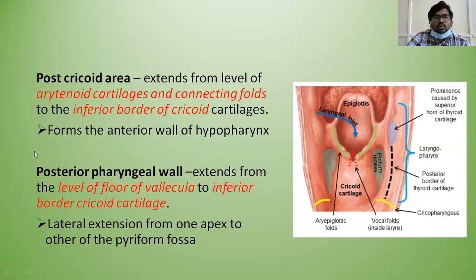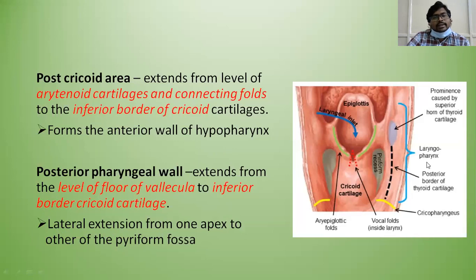Now coming to the posterior pharyngeal wall. It extends from a line drawn across the upper border of the hyoid bone, or the level of the vallecula, to the inferior border of the cricoid cartilage. Laterally, it extends from one apex to the other apex of the pyriform fossa.